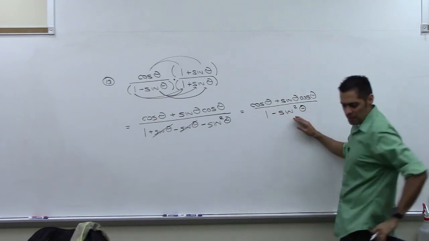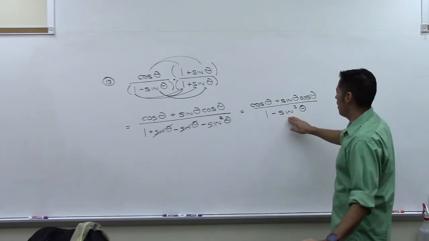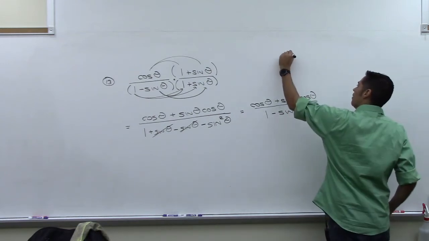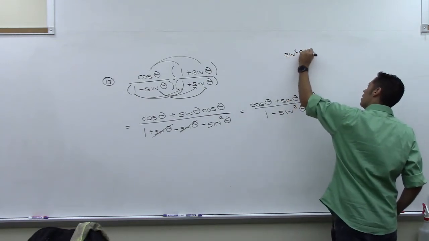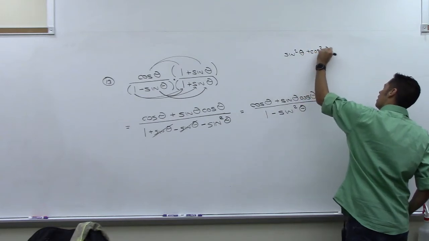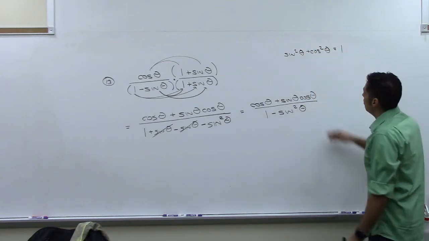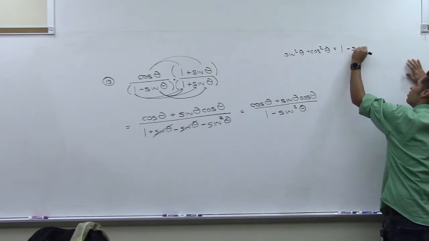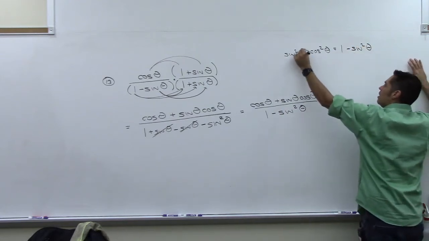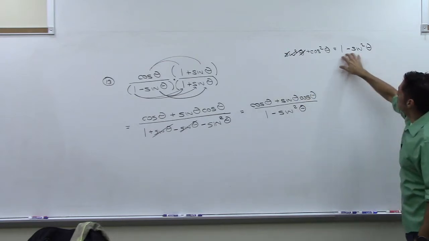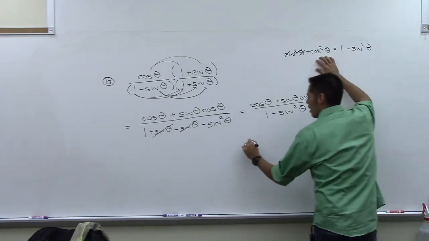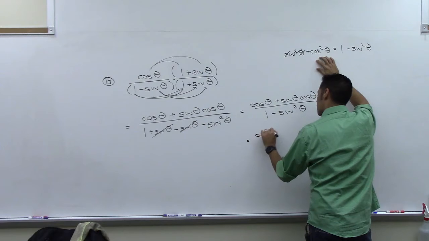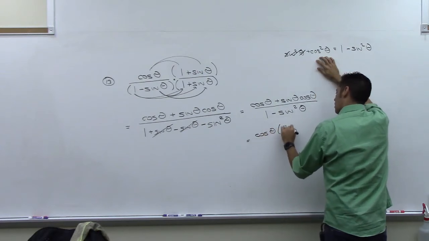Now 1 minus sine squared theta is a Pythagorean identity. We have sine squared theta plus cosine squared theta equals 1. And so if I move this to the other side, do minus sine squared theta on both sides, it'll be gone here. And that means that this is just cosine squared theta. So I can rewrite this as cosine theta times 1 plus sine theta.